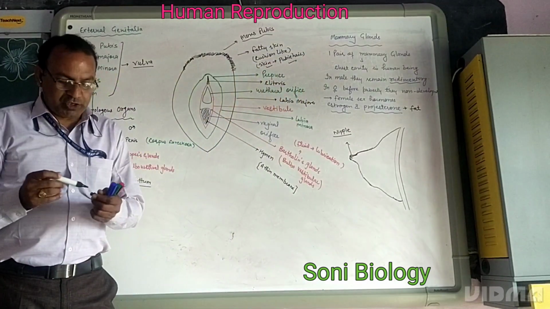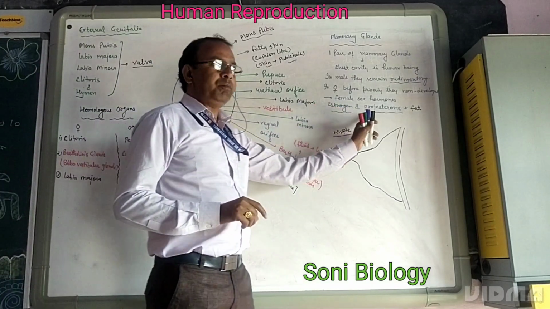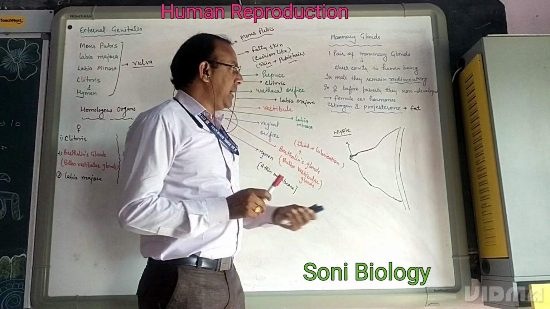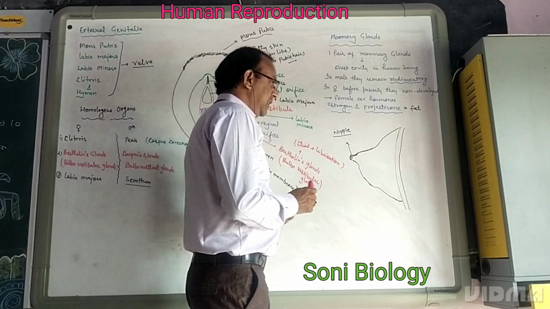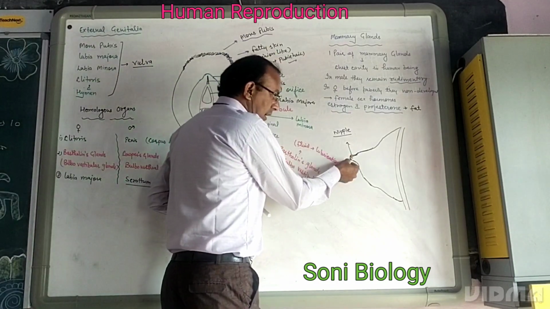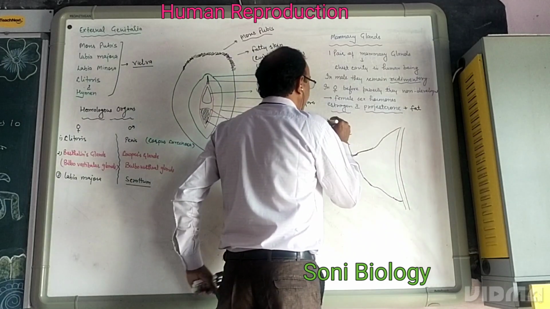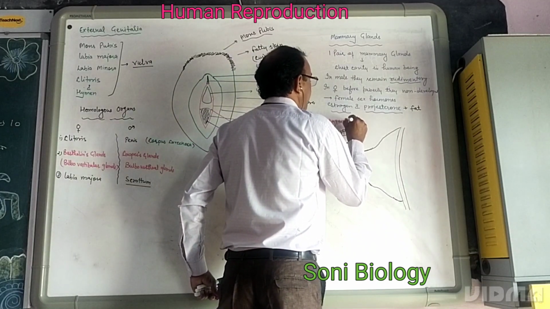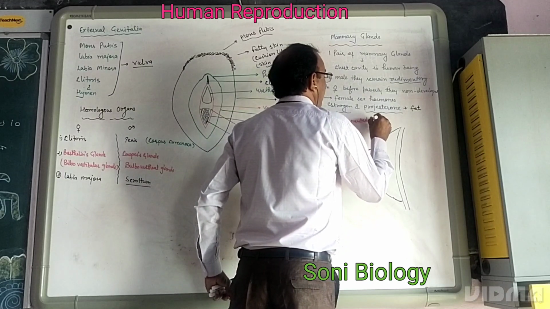Due to the deposition of fat and influence of female sex hormones, the mammary glands start to develop in female at the time of puberty, and the anterior part is hyperpigmented.